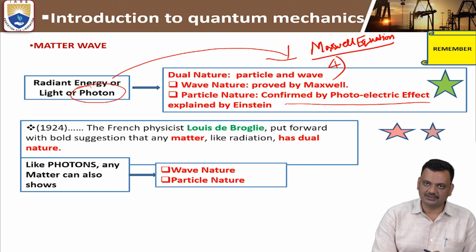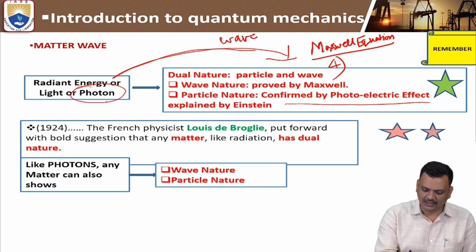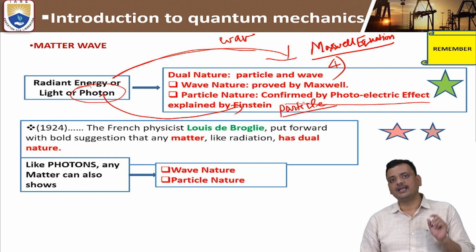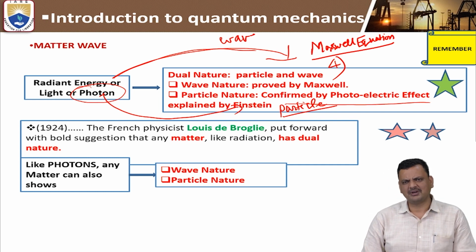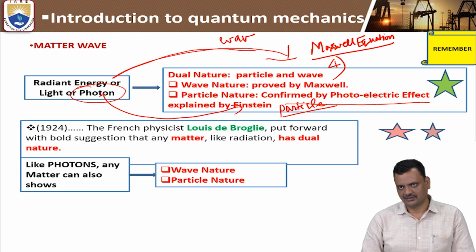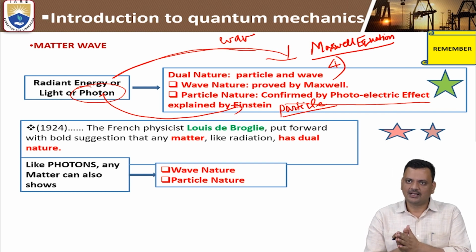So, dual characteristics. Maxwell proved it as a wave, but Einstein proved the same thing as a particle. So, the dual nature of radiant energy or electromagnetic wave, or you can say light. This is the one idea confirmed by Maxwell and Albert Einstein.